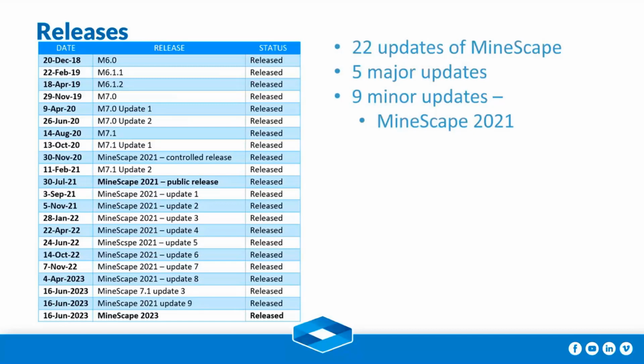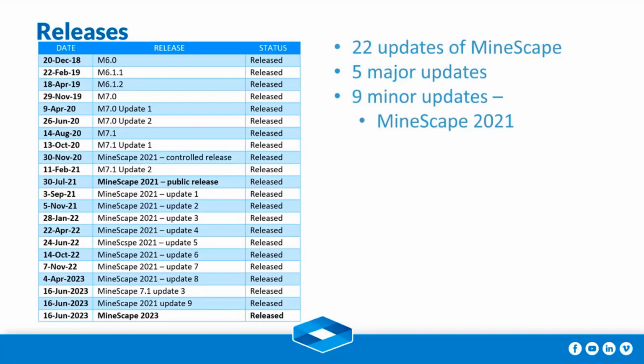One of the first things I want to make a point of is how active we are in our development. You can see from this slide we've had 22 updates of MineScape since December of 2018.